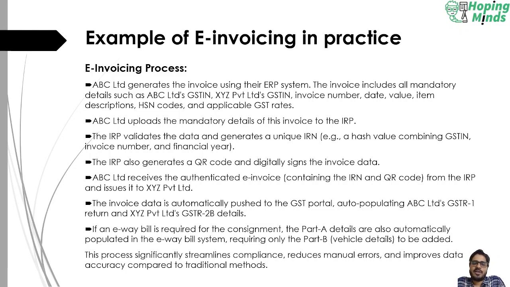If an e-way bill is required for this transaction, then Part A details are also automatically populated in the e-way bill system, requiring only Part B, that is the vehicle details, to be added. So this process has significantly streamlined the compliance mechanism and reduced the manual errors. It has also improved the data accuracy as compared to traditional methods.